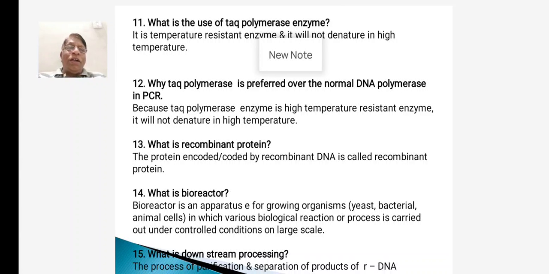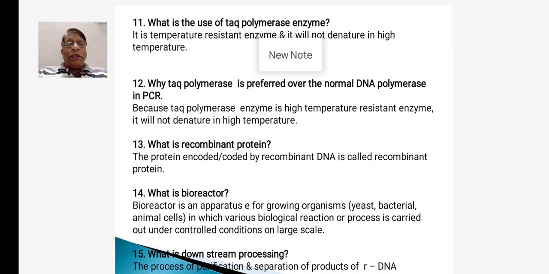It will not denature in high temperature. It is used in PCR.